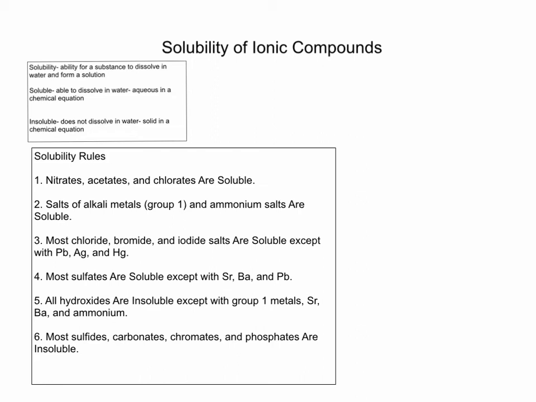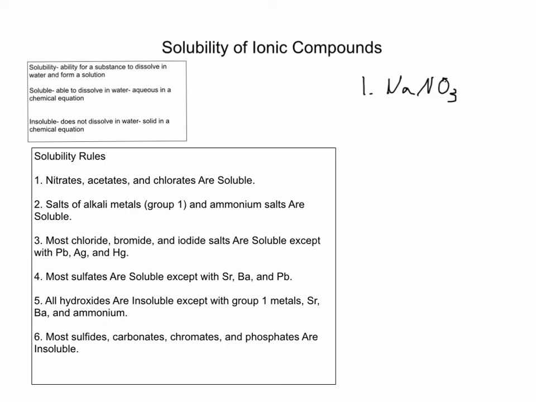For example, sodium nitrate would be soluble. Number 2, salts of alkali metals, group 1, and ammonium salts are soluble. That means if your metal ion, such as in this case sodium, is in group 1, whatever salt you have will be soluble.